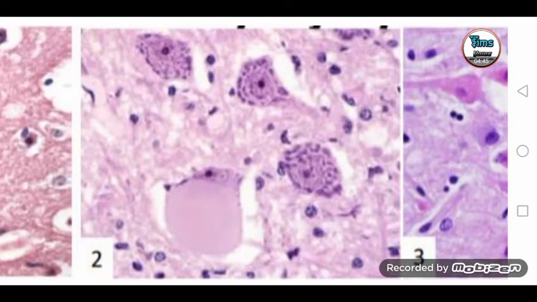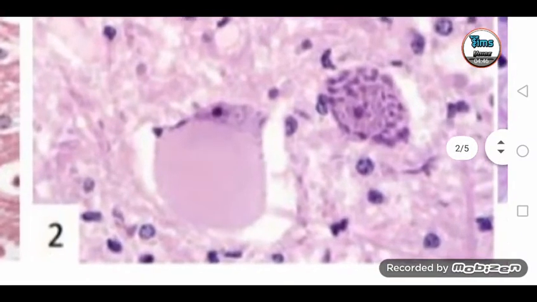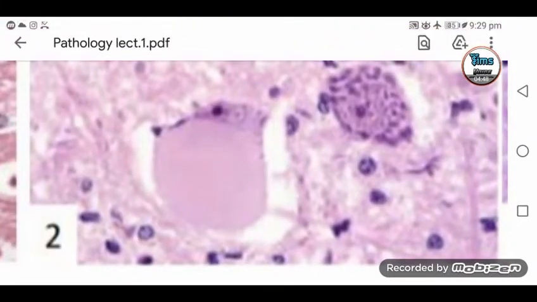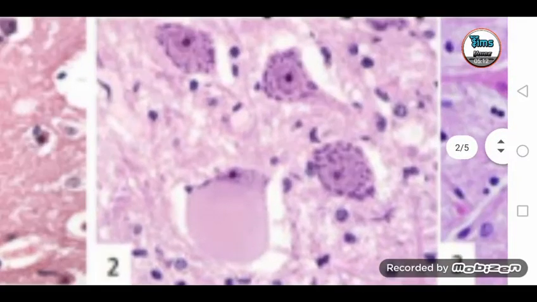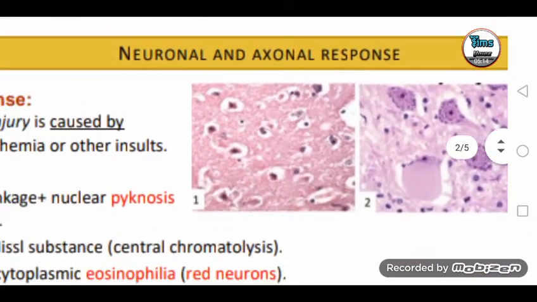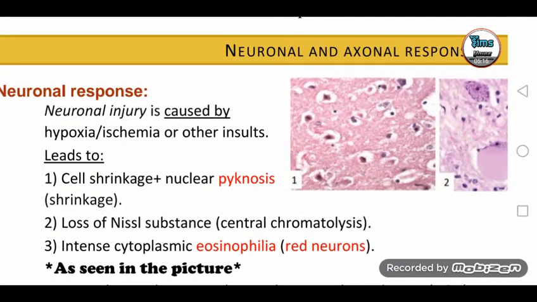First of all, this last cell: as you can see, there is absolutely nothing in the middle of the cell. It's so clear, and the contents of this neuron were distributed to the peripheral side of the cell. This is what we call central chromatolysis, and there is no cell substance as in the other cells. So this was the second response or the second reaction.